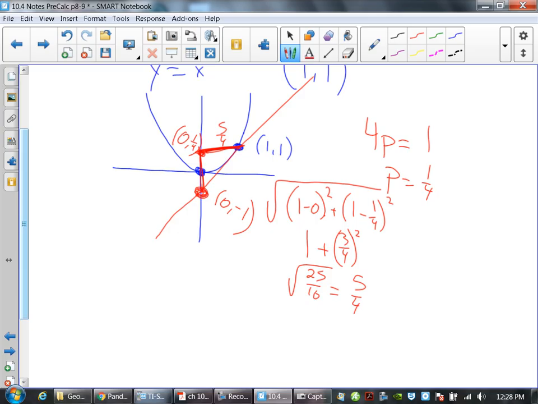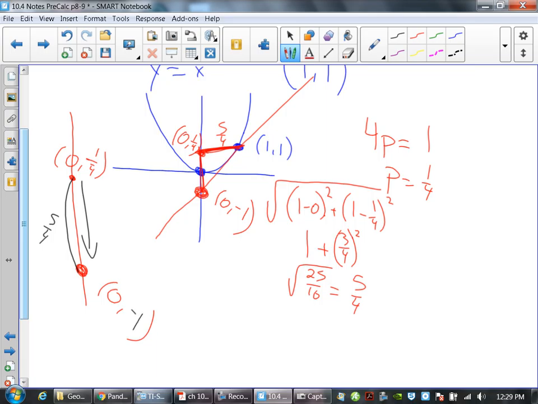I know the distance from my focus, which is at 0 and positive 1/4, to here, and it will be 0 comma something else because it's vertical. This overall distance has to equal 5/4. I'm moving downward, so all I took was 1/4 subtract 5/4, and I get -1. I get -4/4.